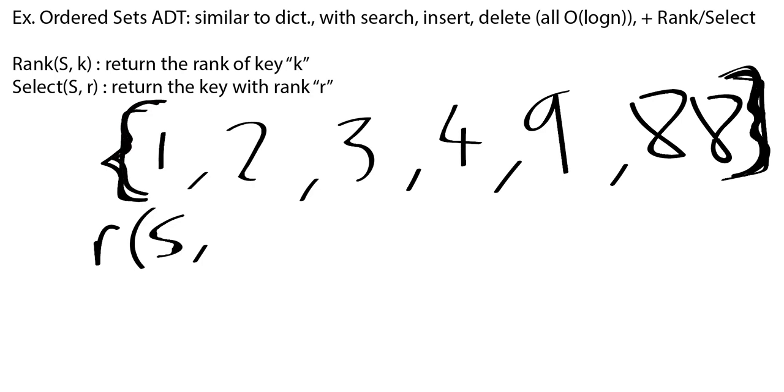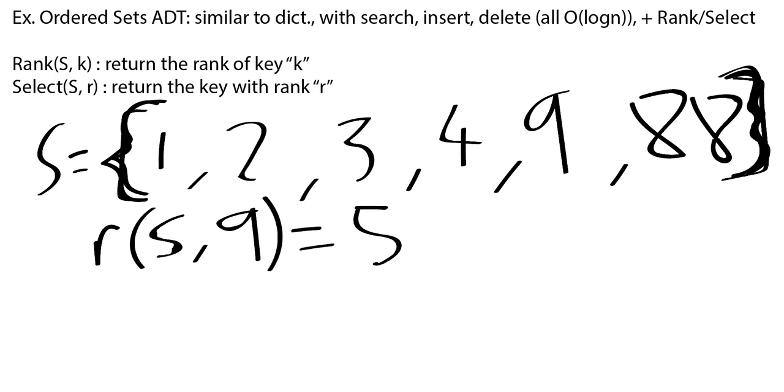Okay, this is supposed to be a set S, and we have this ordered set S, and we are calling rank on S with key, let's say, 9. So we call rank on key 9, and this is going to return 5 because the rank of key 9 is 5.